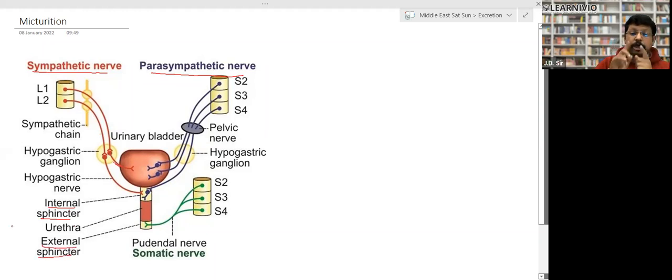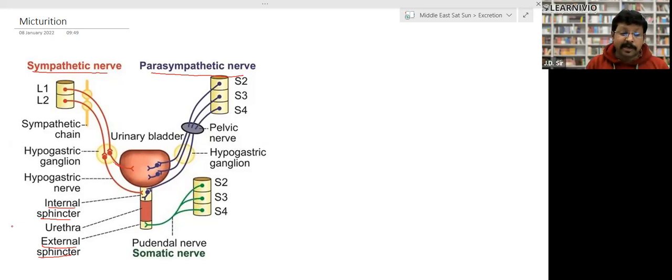Before urination, when you do not feel the need to remove urine from your body, this internal valve is closed, and this is called the filling process. When the internal valve is closed, urine is getting filled in your urinary bladder. What will happen when it is almost filled? This internal sphincter will open. There are two valves which control urine leaking out from our body.